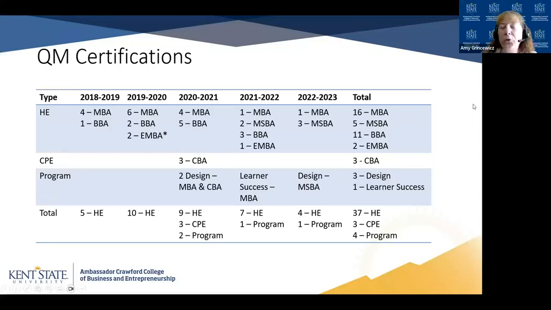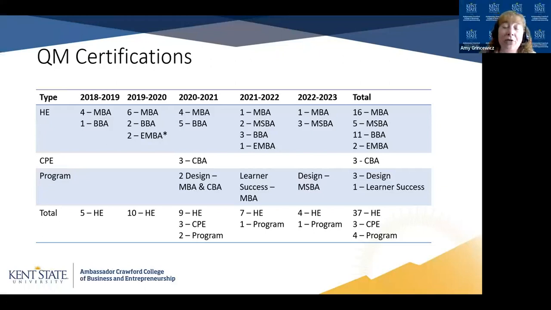In total, we have 37 courses that are certified with the Higher Education Rubric. Right now, those are all in the 6th edition. We are in the process of revising and doing recertifications for the 7th edition, as well as starting to ramp up certifications for our Master of Accounting, or MSA, program.